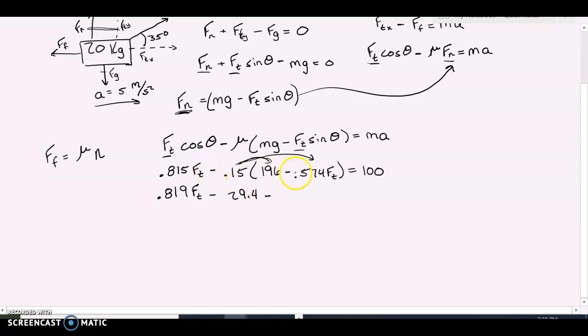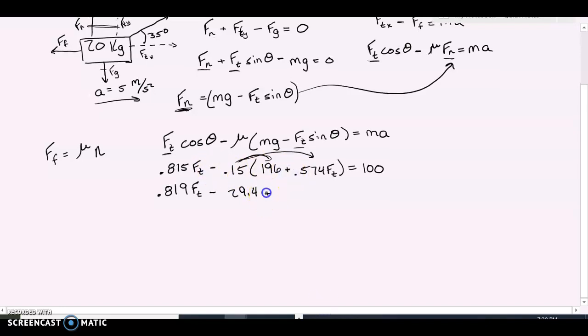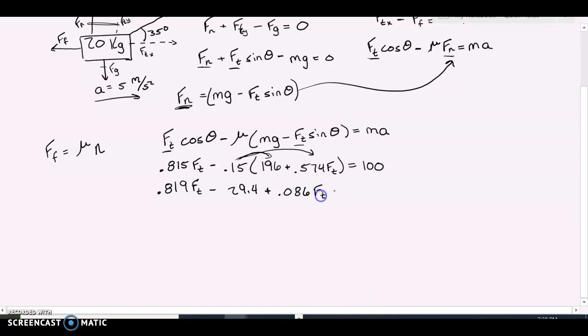But I also have to distribute this negative sign, so that makes that plus 0.086 force tension equals 100. So all we have to do is combine like terms, add 29.4 to each side. So that'll give us 0.905 force tension equals 129.